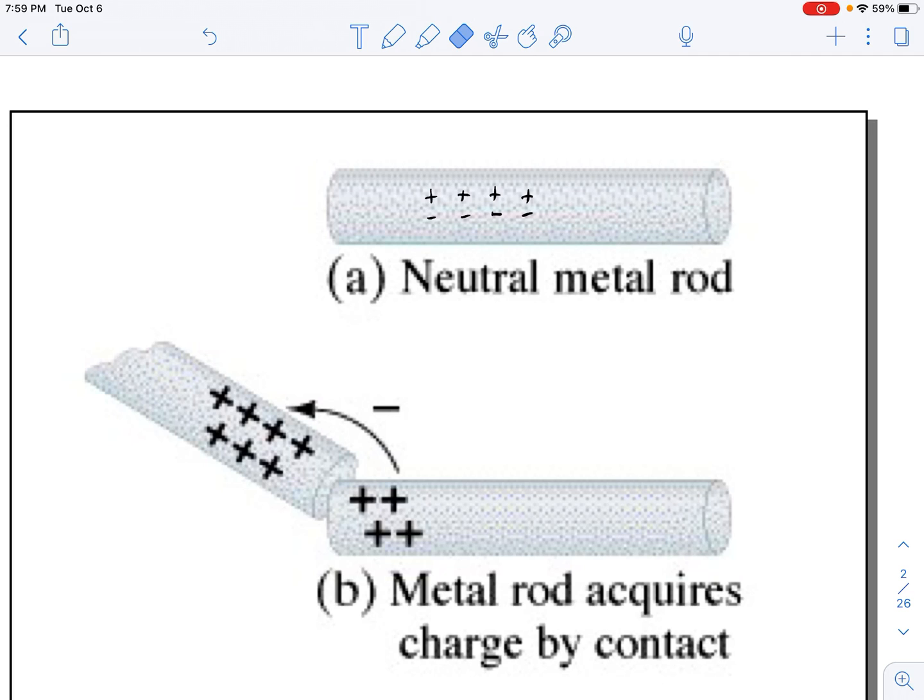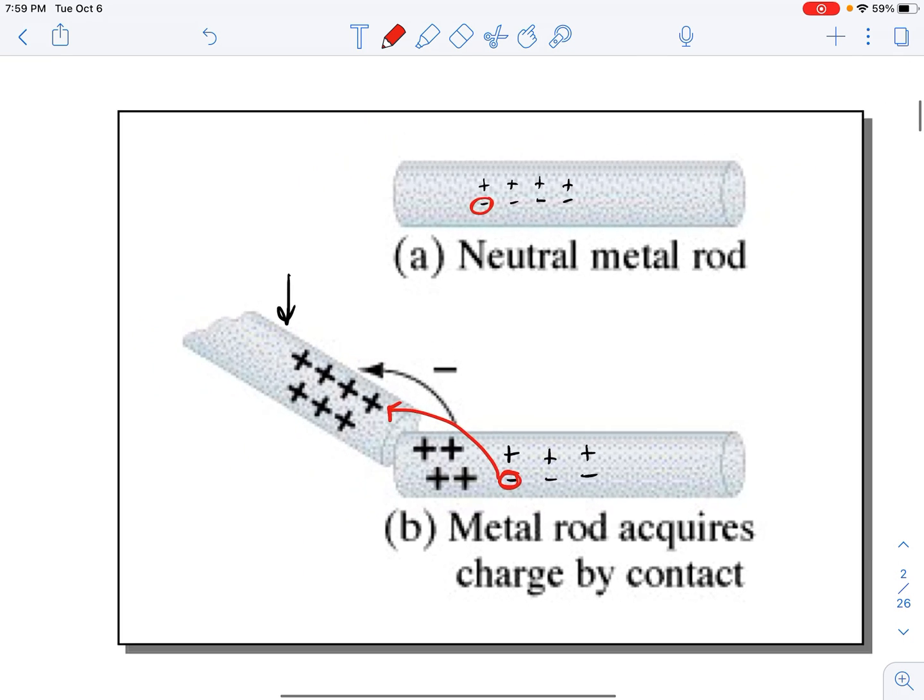Okay, now if I had another rod, that had a net positive charge on it, then what would happen is the negative charges on the original metal rod would be attracted to the other rod, and the negative charge could leave.